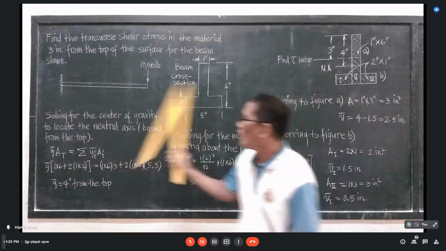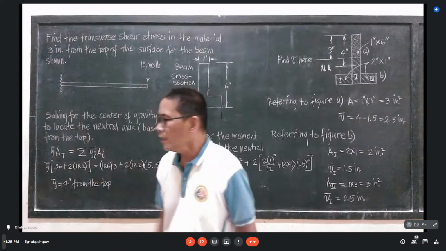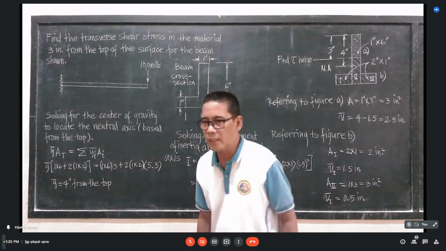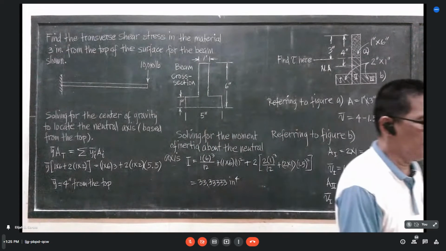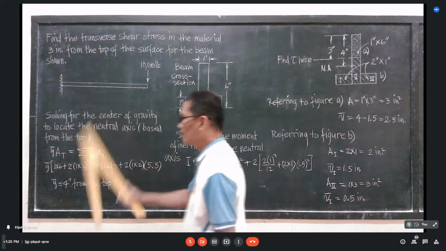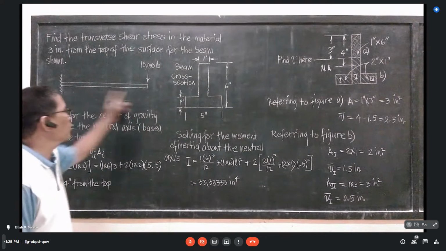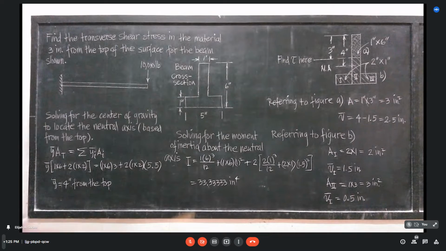Along the horizontal axis, or summation x, what are the forces acting? None, sir. Okay. So we don't have to worry about that. Summation of horizontal forces equals 0, because there are none.